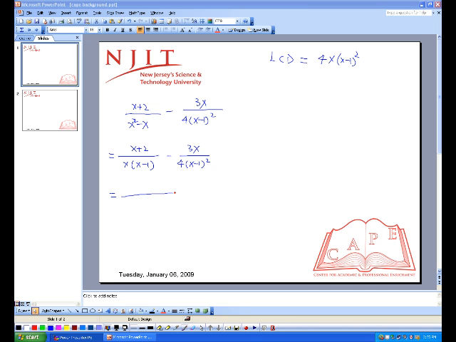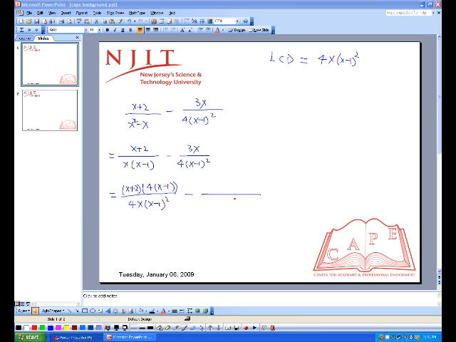So in order to get from x times x minus 1 into the least common denominator, we have to multiply both the numerator and the denominator by 4x minus 1. If you multiply the denominator by 4x minus 1, you will get the least common denominator, 4x times x minus 1 squared.